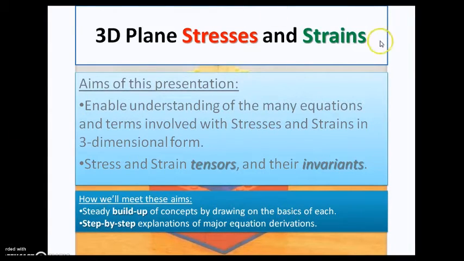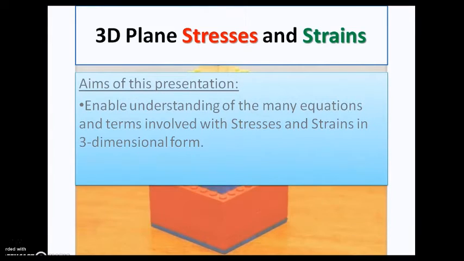Here we have the first slide of my learning resource, and this just provides a brief introduction to what this learning resource concerns, aims and objectives to be met, and how they will be met. You would have noticed the Lego tower in the background. I'll just scroll back.